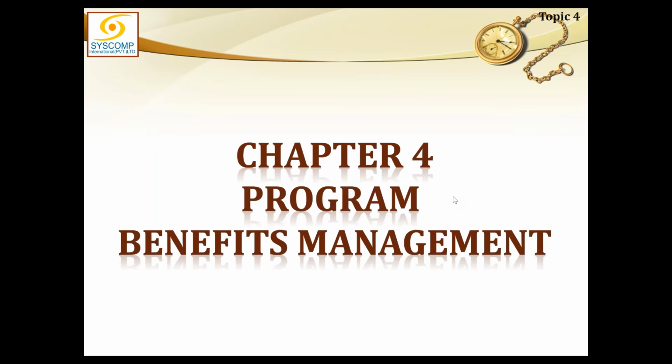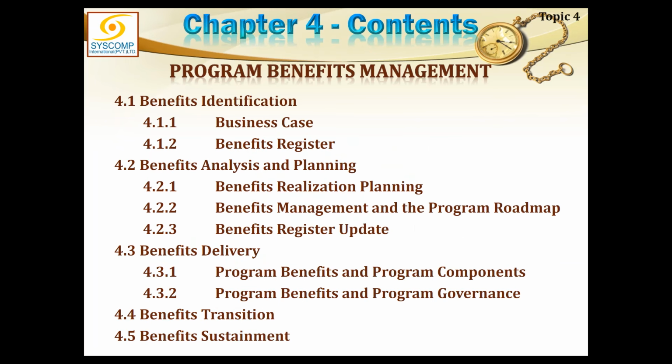Program benefit management is the fourth chapter of the standard, and it talks about 5 different areas: benefit identification, benefit analysis and planning, benefit delivery, benefit transition, and benefit sustainment.